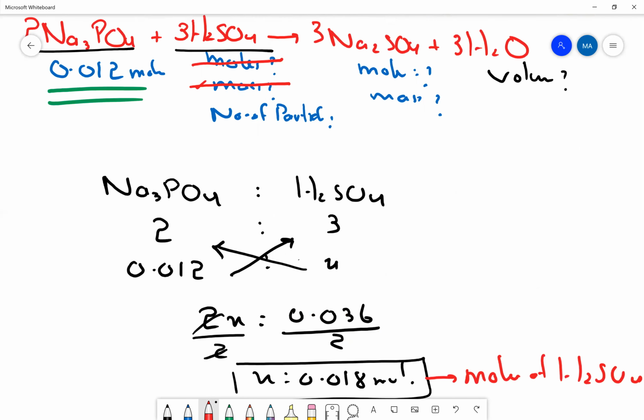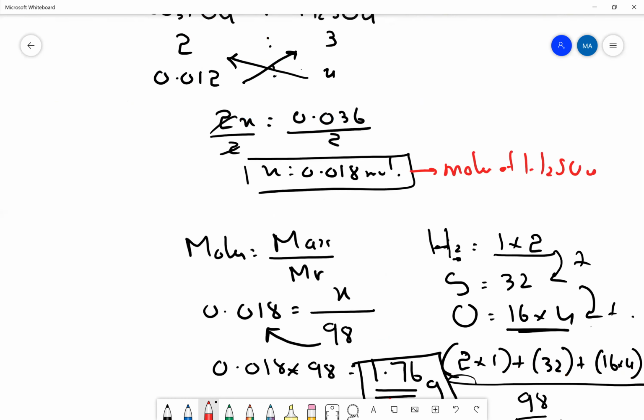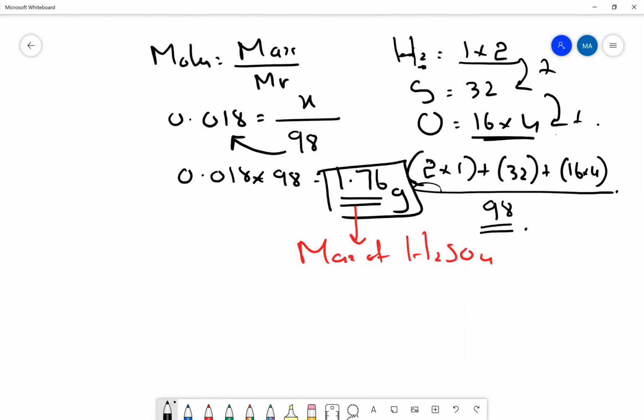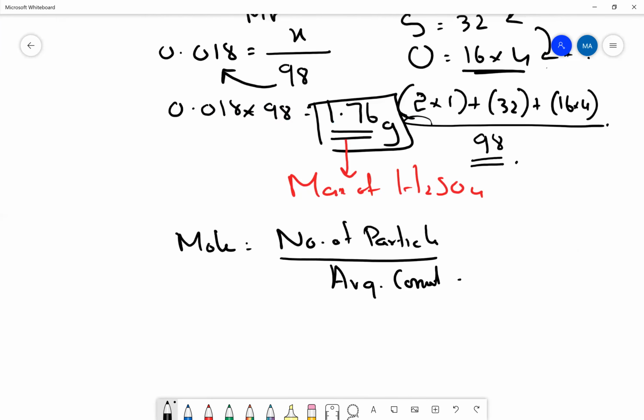Now you're asked to find the number of particles of H2SO4. We're going to use the second formula: moles is equal to the number of particles over Avogadro's constant. You already know the moles, 0.018.